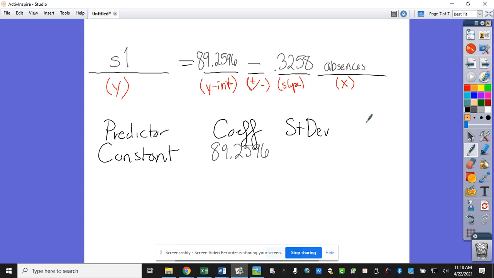And then, all right, this one, I don't have anything written there. This is always going to be your x variable, which in this case would be absences. In your equation, what always goes inside of your x? Your slope. So whatever's inside of your x here is your slope.